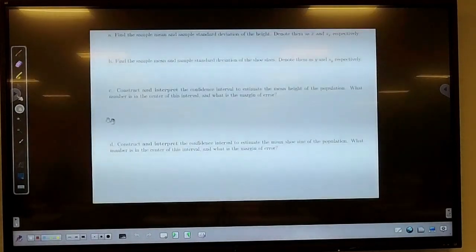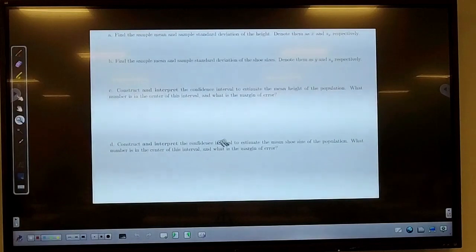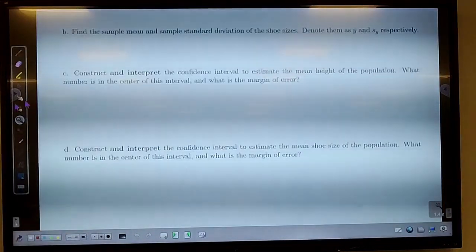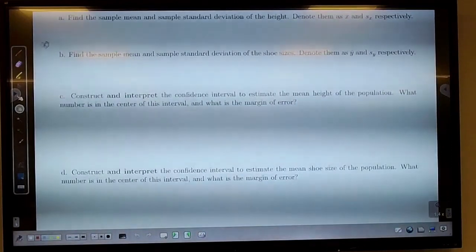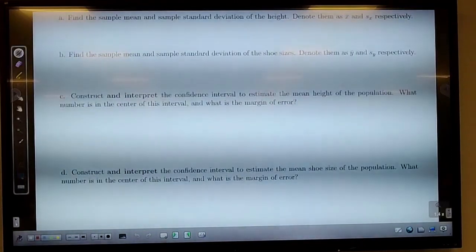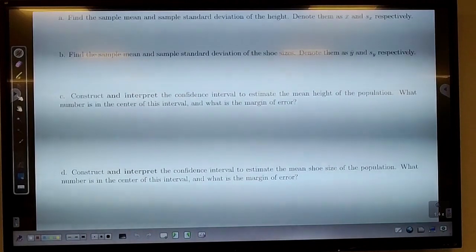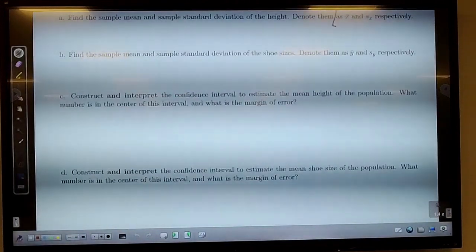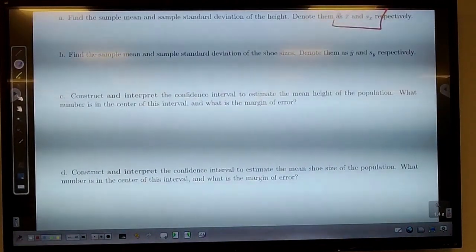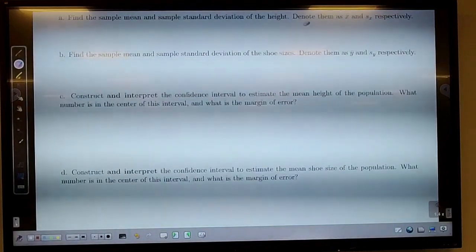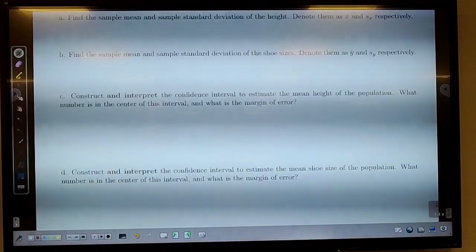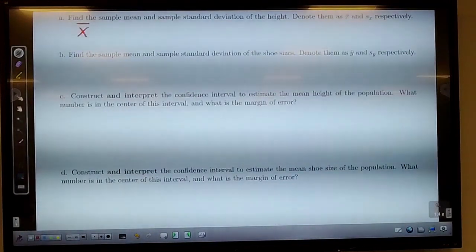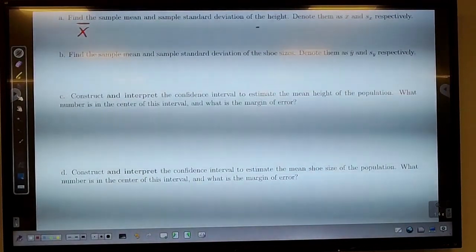For the other half of this page, they want us to find the sample mean and sample standard deviation of the height. And we're going to denote them like this, which is one of the reasons that we should just fill out this document by hand, because then you don't have to mess around with the symbology.